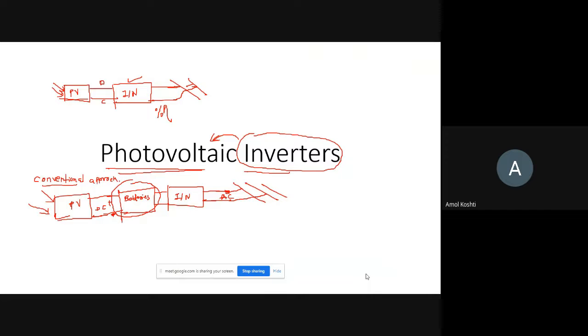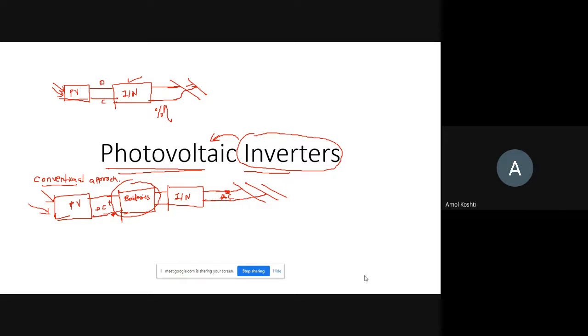Last time we started this fourth chapter, which is the photovoltaic inverter. In that, we understood the concept of the inverter, which is used specifically in a photovoltaic system.